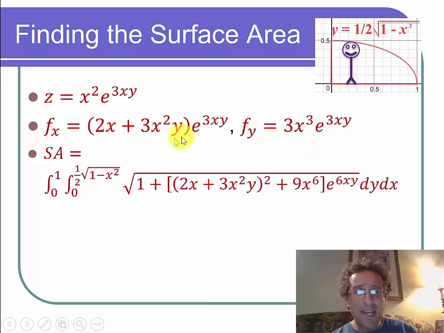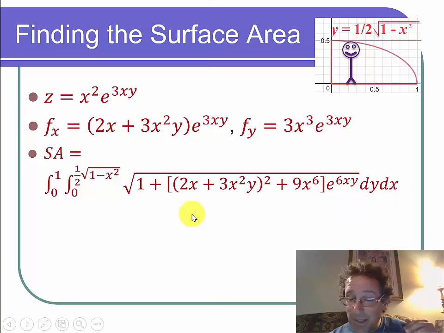Notice that both the x derivative and the y derivative have an e to the 3xy term, and the square of e to the 3xy is e to the 6xy. That's just the power rule for exponents. So I could factor out the e to the 6xy, and then square each of the other two terms. So we have 2x plus 3x squared y, quantity squared, and then 3x cubed quantity squared is 9x to the 6th. And then we have dy dx.